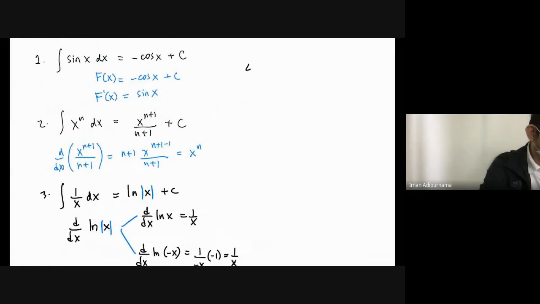Okay, another one that is obvious is the secant squared x dx. This is our tangent. And this will be tangent inverse x.